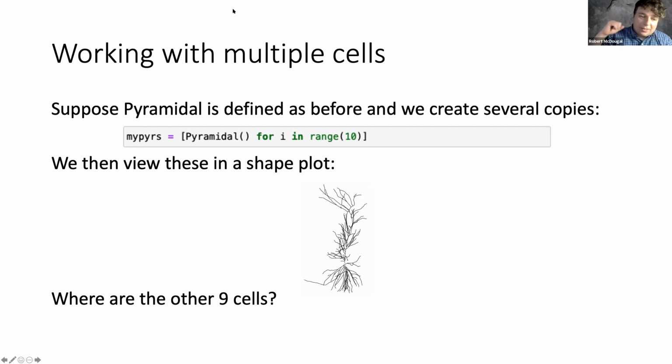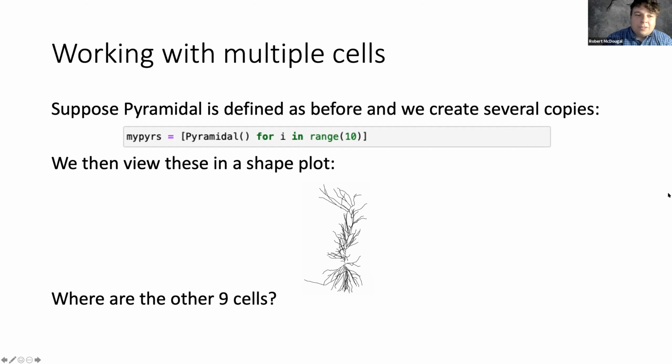Instead of having one cell, I can have 10 or a dozen or 100 or 1,000 that all have the same morphology. So a while back, many slides ago, I had code that used the import 3D SWC to load in this pyramidal cell. And then I create my list of 10 cells, and then I bust out my shape plot.